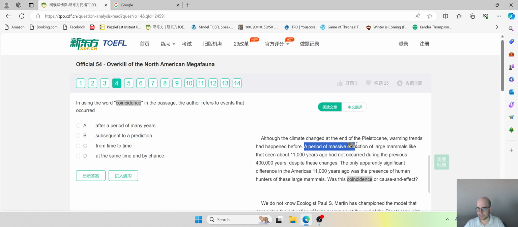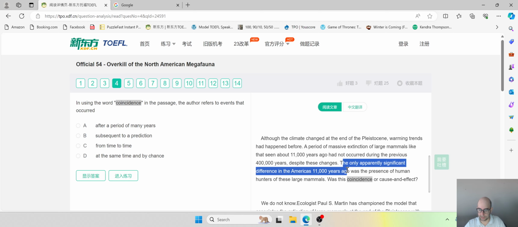So a period of massive extinction of large mammals like that seen about 11,000 years ago had not occurred during the previous 400,000 years, despite these changes. Okay, so they've had these changes involving climate change, warming trends to be specific, before, but they never had any issues with animals going extinct, right?